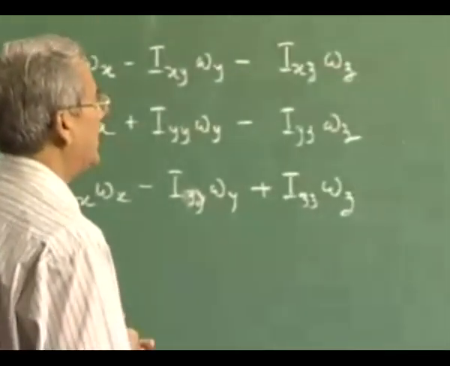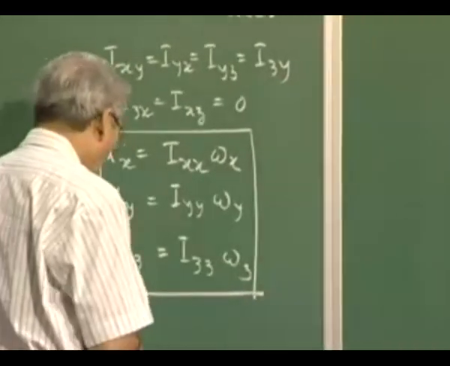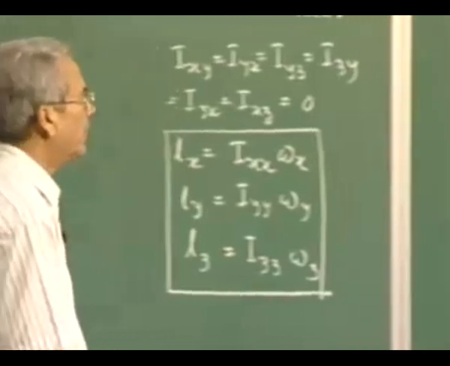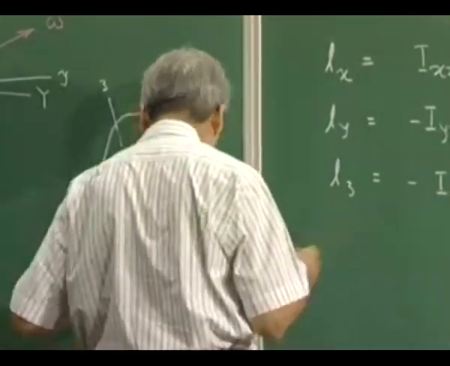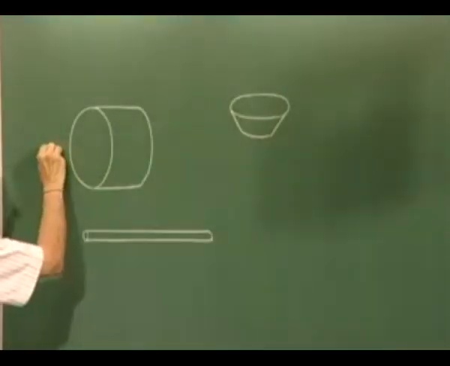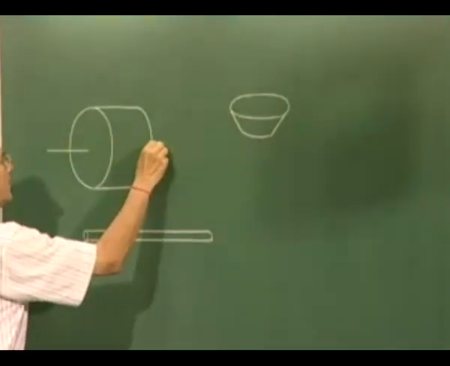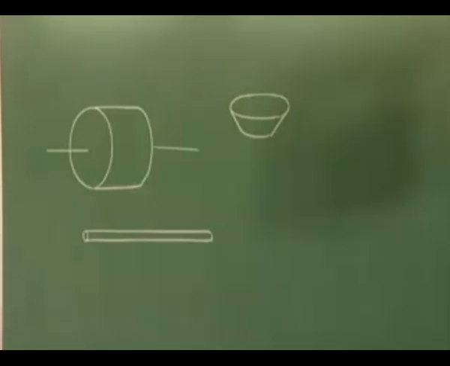If the body is symmetric, then all axes of symmetry will be principal axes. So in the case of that roller, for example, one axis of symmetry is very obviously this one. So this will be one principal axis.